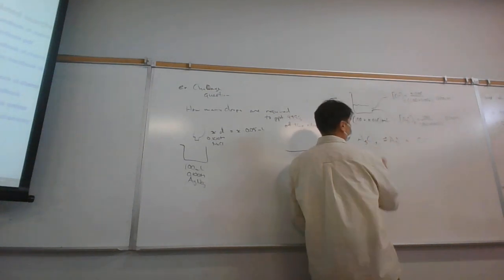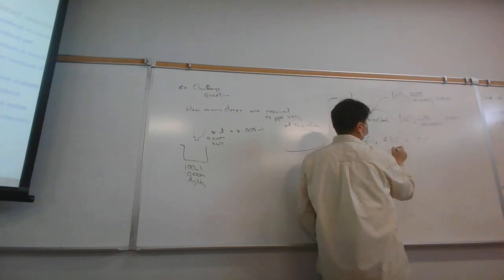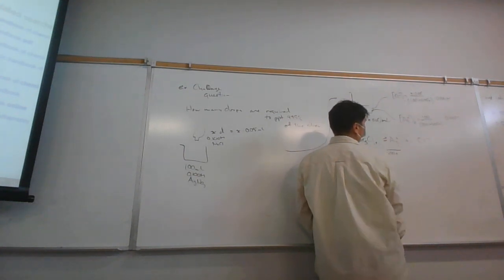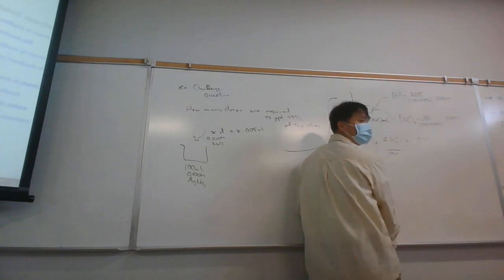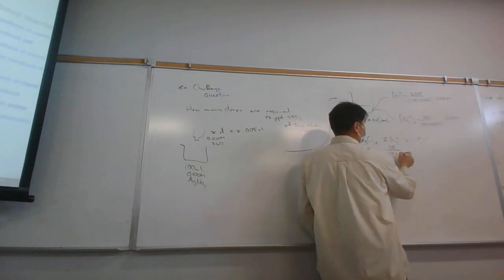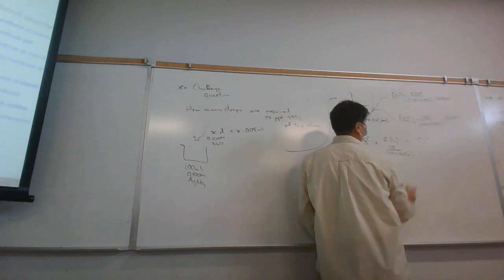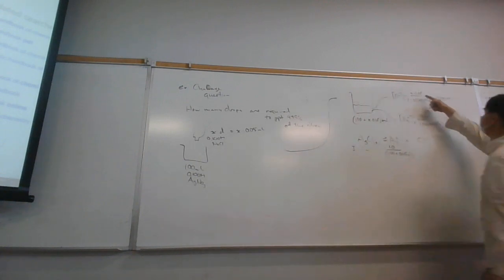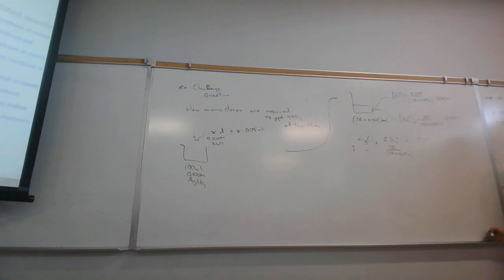The initial silver ion is 100 times 0.1, which is just 10, so it'd be 10 divided by 100 plus 0.05X. And for the chloride, what's 0.05 times 0.1? 0.005. So this would be 0.005X over 100 plus 0.05X.